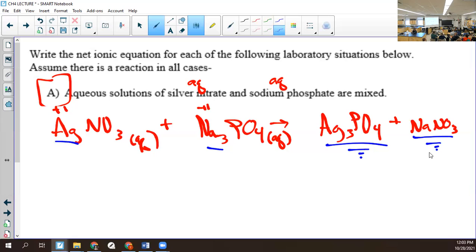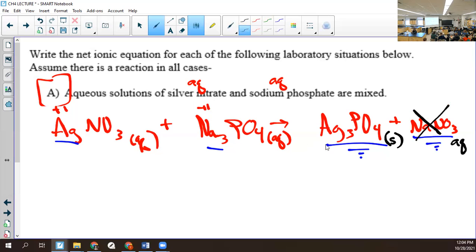All right, here we go. My partners rocked it. They said they knew that NO3 never forms a precipitate, right? So this would be AQ because NO3 is always soluble, which means what must be the precipitate?